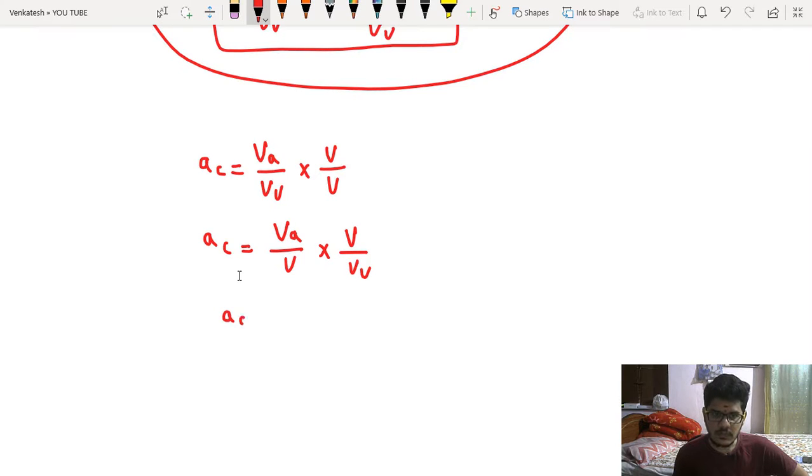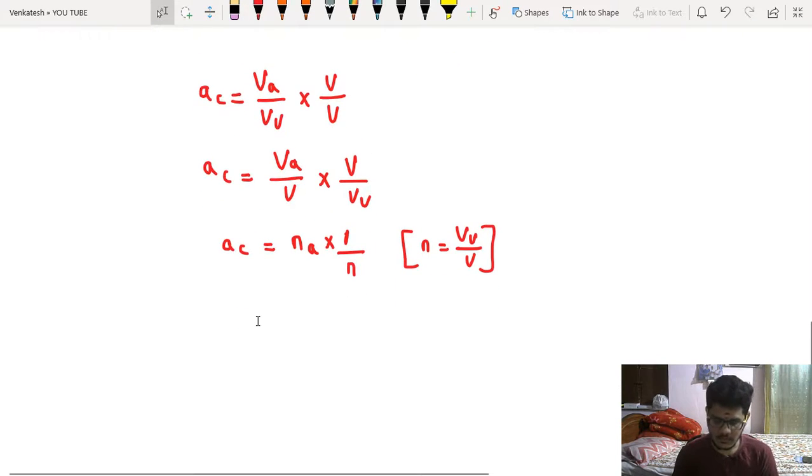We know that VA by V is nothing but percentage air voids, Na, into V by VV. Porosity is VV by V, but here it is written as V by VV, so that is nothing but 1 by n. So we can write Na is equal to n into AC.